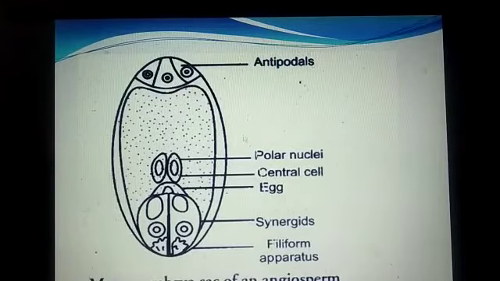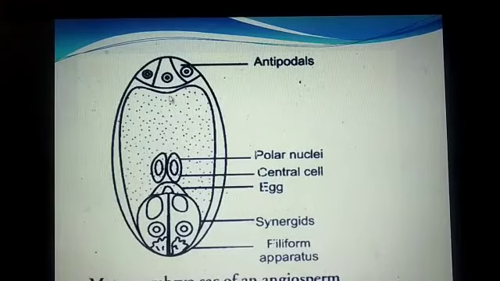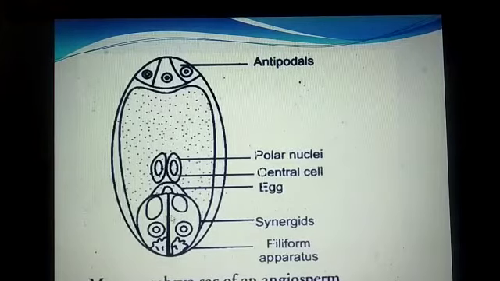Okay, and this is a mature embryo sac of angiosperm. Student, we know that a complete, mature embryo sac has 7 cells: 3 antipodal cells towards the chalazal end, and 3 cells of the egg apparatus towards the micropylar end, which has 2 synergids and 1 egg cell, and 1 central cell. It has 8 nuclei, because each of the 3 antipodal cells has 1 haploid nucleus, the 2 synergids and 1 egg cell have 1 nucleus each, and the polar nuclei are 2.